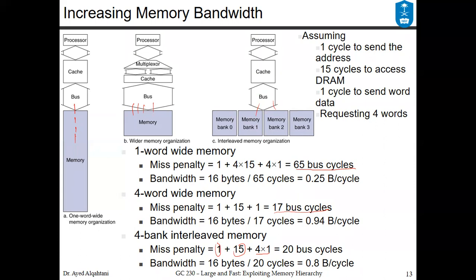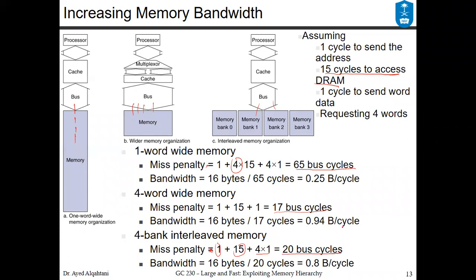So the interleaved memory helps reduce the cost of accessing the DRAM. If you compare this one to the first one, you don't multiply by 4, as you can see. And this will have 20 bus cycles.